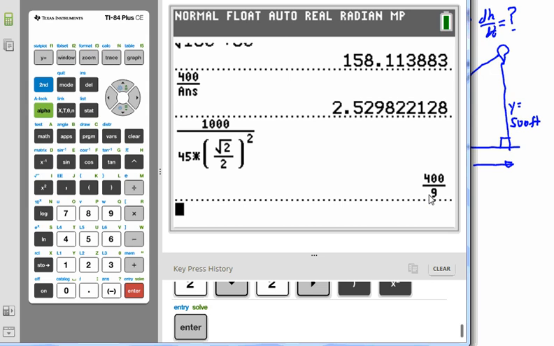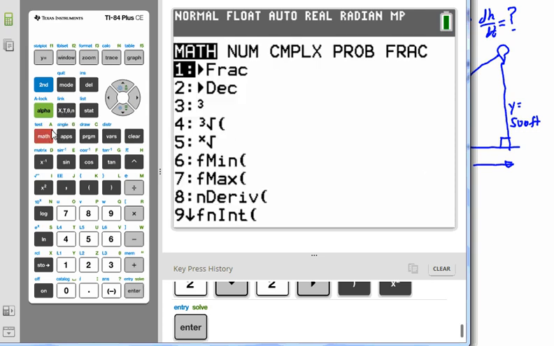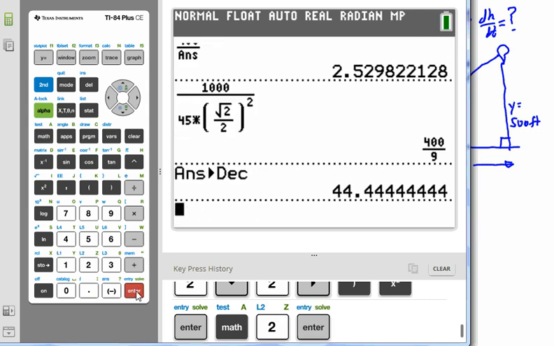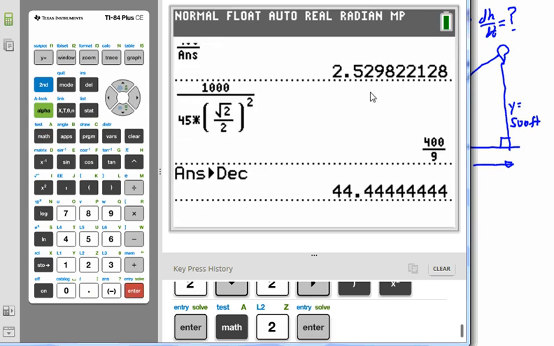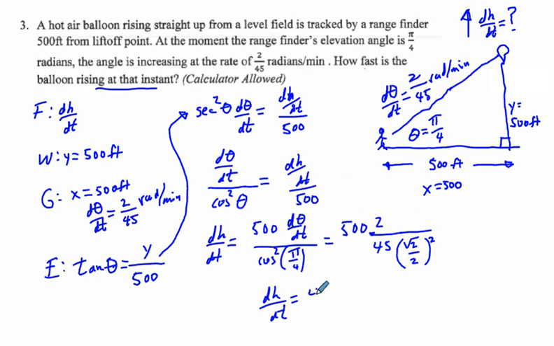So 400 ninths. Let's change that into a decimal version and see what we get here. 44.4 feet per minute. It's going to be our answer here.